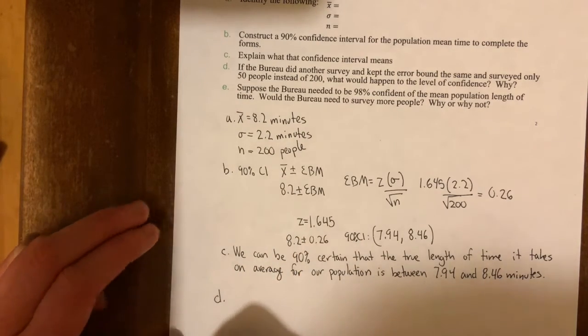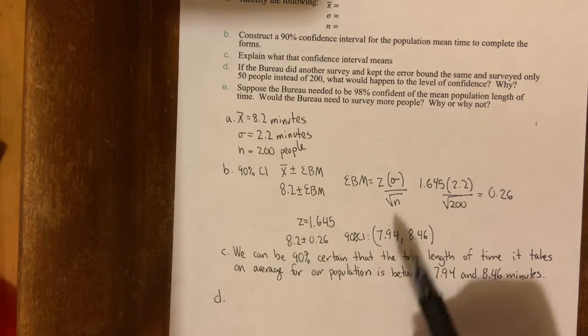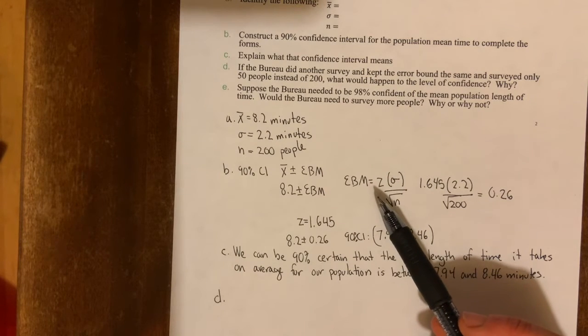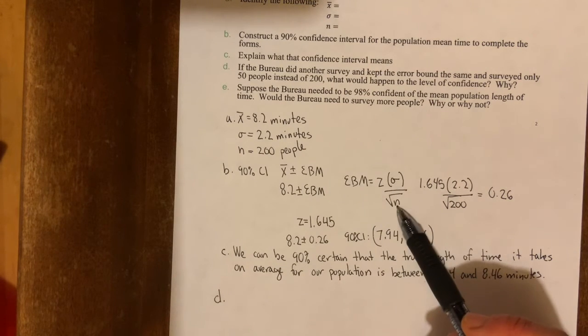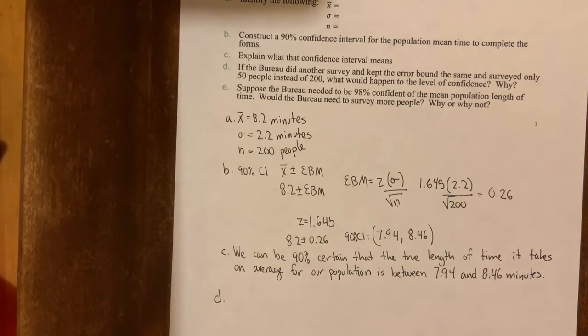Moving on to part D. If the Bureau did another survey and kept the error bound the same and surveyed only 50 people instead of 200, what would happen to the level of confidence? So now, if we're surveying only 50 people here instead of 200, with this being on the denominator, the error bound margin, if it stayed the same, then we would have to make this z-score smaller as well.